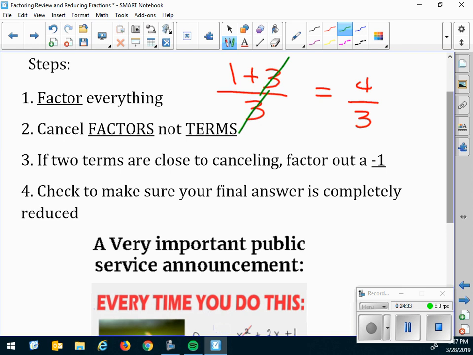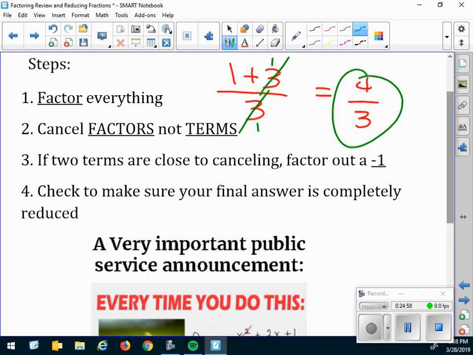If you cross them out, cancel them, when they're adding and subtracting, you can't do that. Because if you do that, what's 1 plus 1 over 1? 2 over 1. Now what's 2 divided by 1? 2. It's not 4/3.